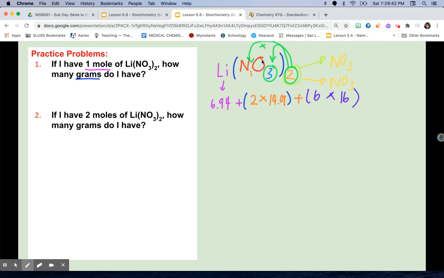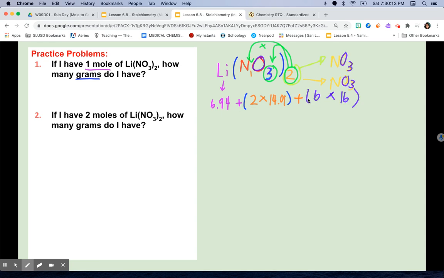Probably should have made all these the same color. O3. There we go. And if I look at this side, if I count 3 plus 3, that's how I get 6 O's. So anytime I see a number outside of the parentheses, I'm going to multiply into the parentheses, just like with the distributive property. But since Li is outside of the parentheses, I don't need to worry about that.